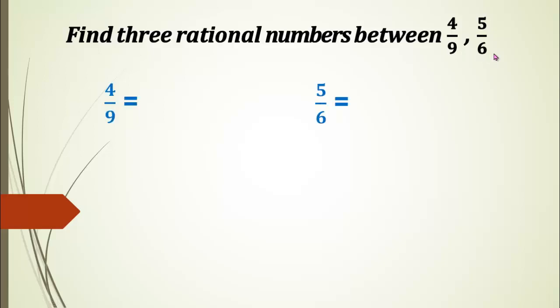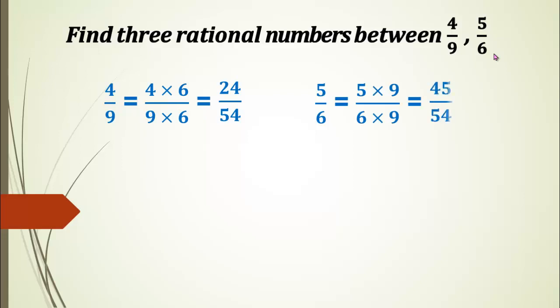So we are going to multiply the numerator and the denominator of 4 over 9 by 6 to get 24 over 54. And we are going to multiply the numerator and the denominator of 5 over 6 by 9 to get 45 over 54. Here now, I have got the same denominator.